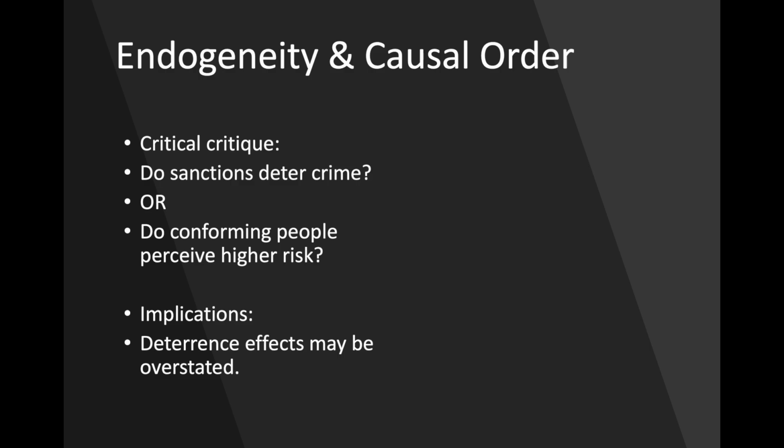Meanwhile, experienced offenders may become cynical about enforcement and therefore perceive lower risks. If so, perceptions may partly reflect pre-existing differences rather than causal deterrent effects. This creates an endogeneity problem. The independent variable, perceived risk, may itself be shaped by offending behavior, personality, peer context, or prior experiences.